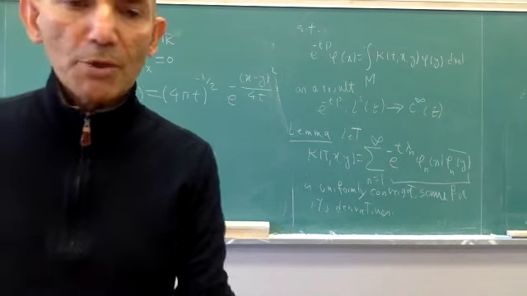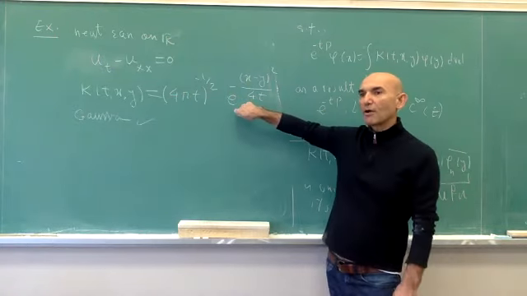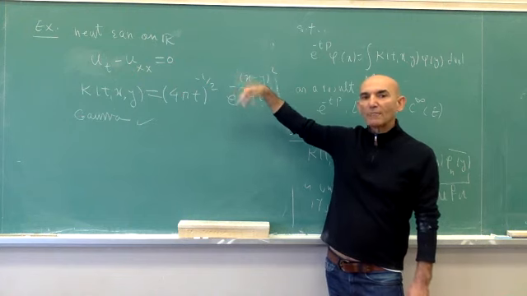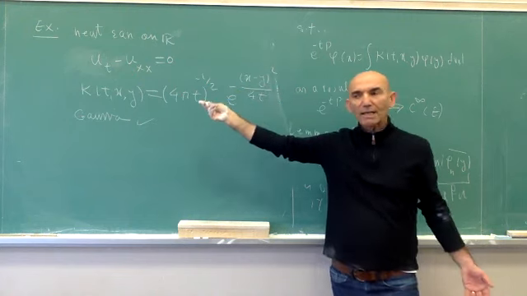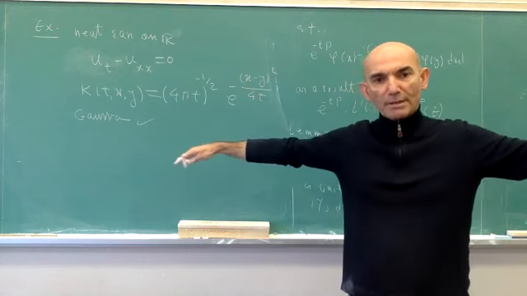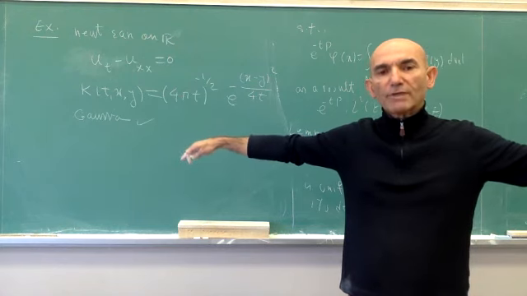To say that they are obtained from some sum of e to the minus t lambda, phi n x, phi n y, doesn't make sense because I don't have such a decomposition. That's a non-compact space. So you're very right to complain here, actually.